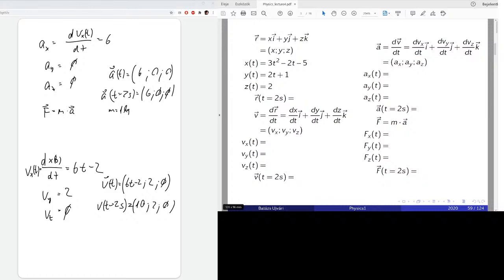F is 6, 0, 0, and these are newtons. And of course, since the force is a constant, that will be the same at any time, for example at t equal 2 seconds.